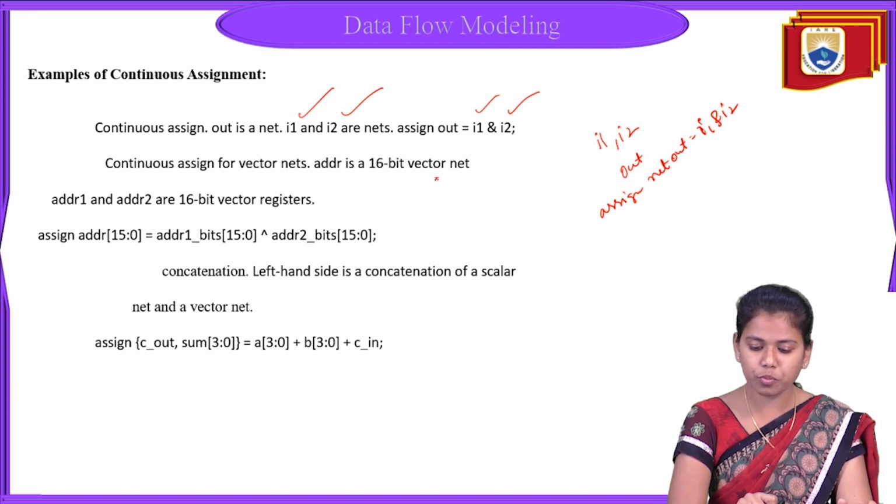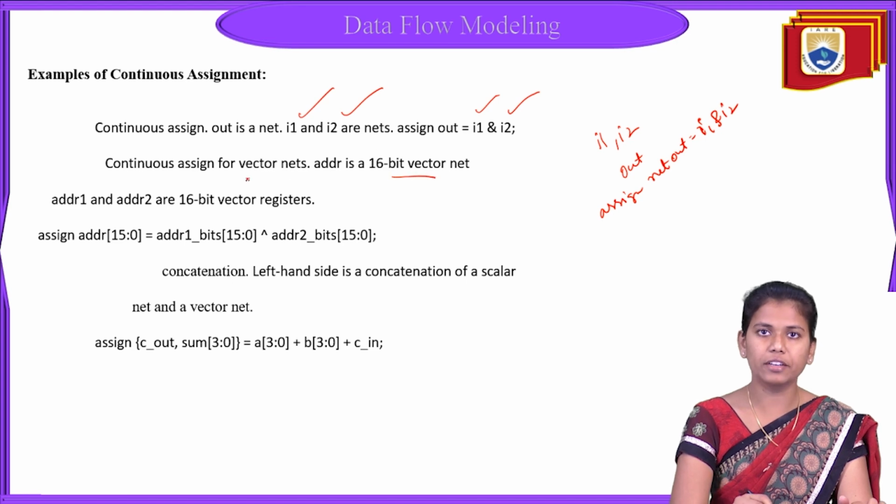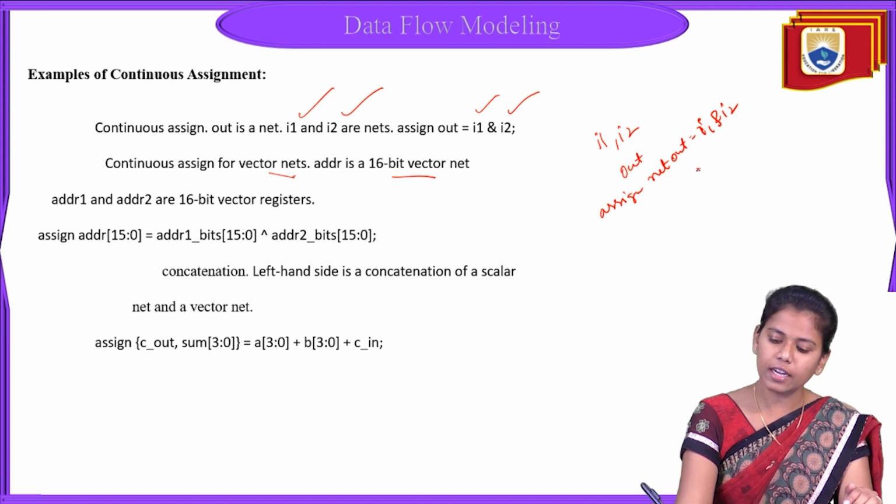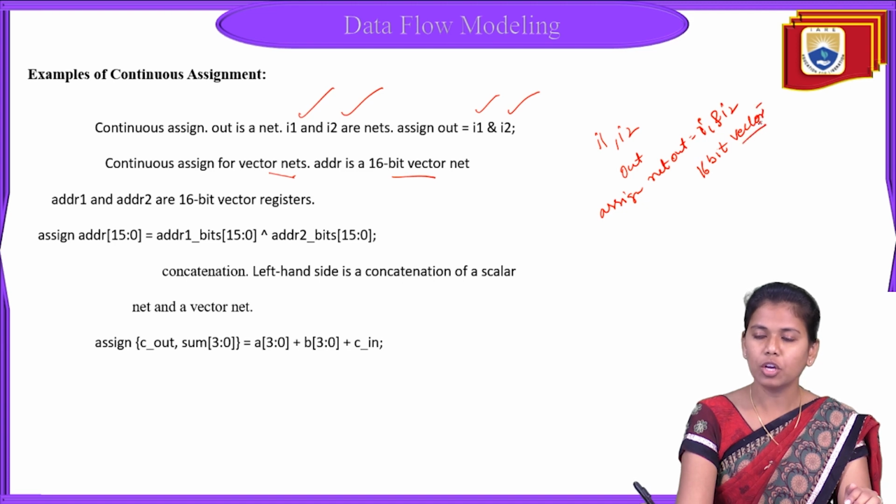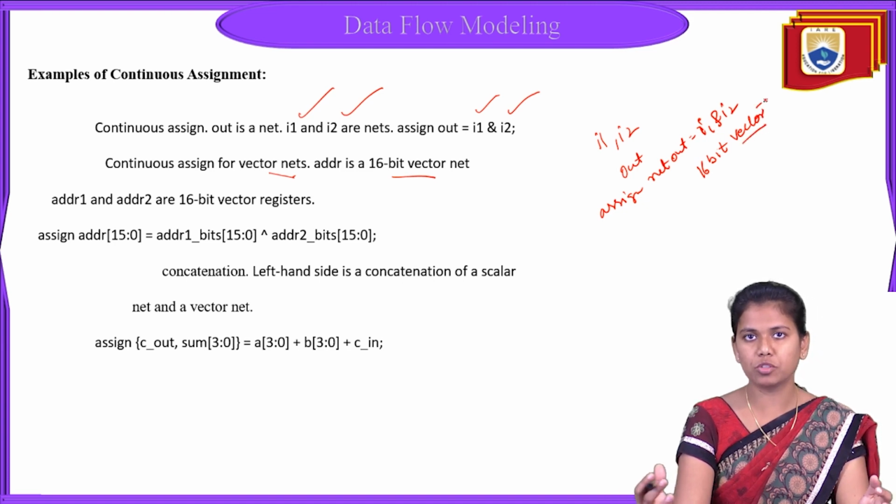Address is a 16-bit vector net. For this continuous assign for vector nets, the number of bits that we are considering is 16, a 16-bit vector net. As I said, a vector is nothing but a group of bits together.